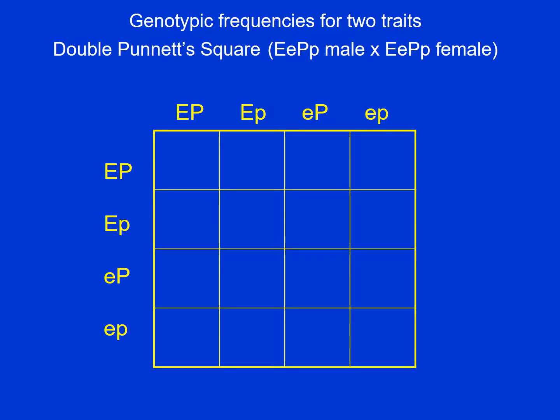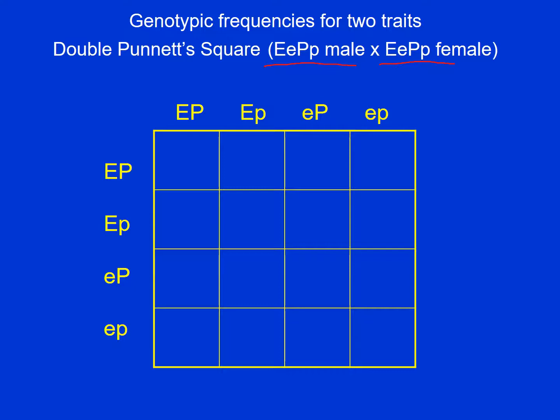So what we have here is what's called a double Punnett square. We've got two traits now. They're two independent traits. We've got a male that is heterozygous for both the black versus red coat color and polled versus horned. And we're mating that individual to a female that is heterozygous for both traits as well.